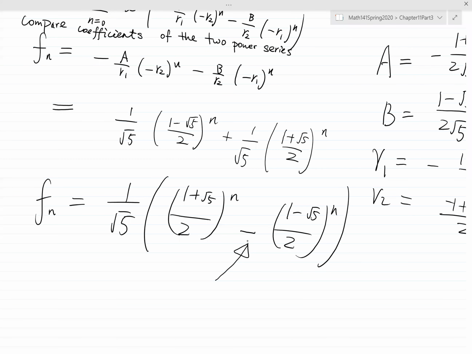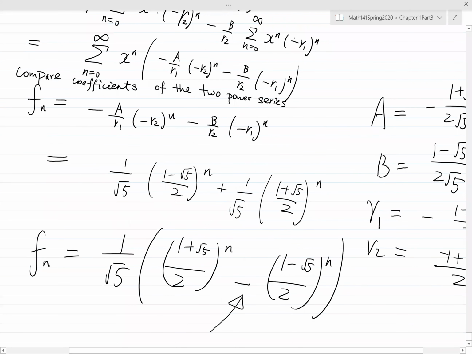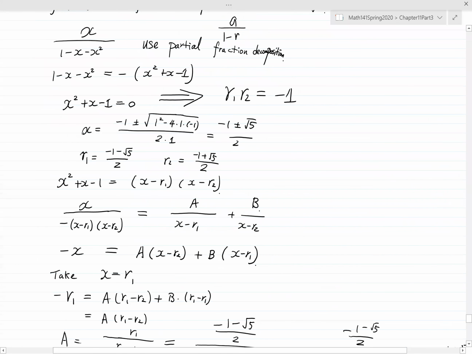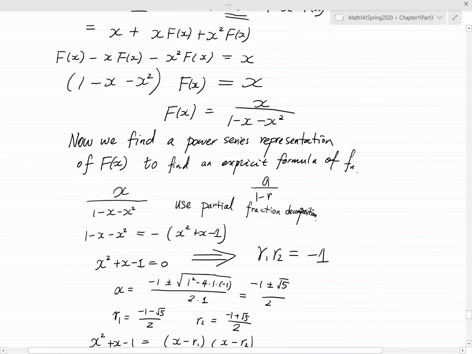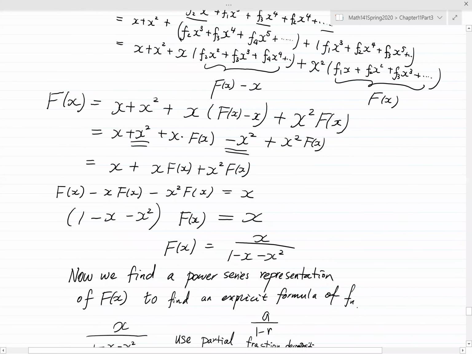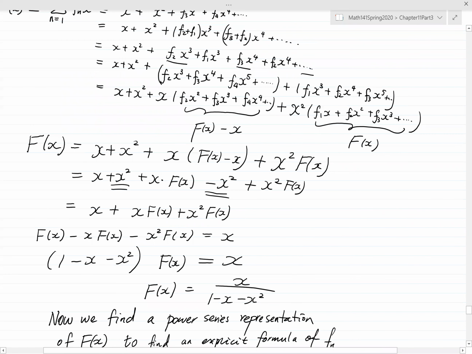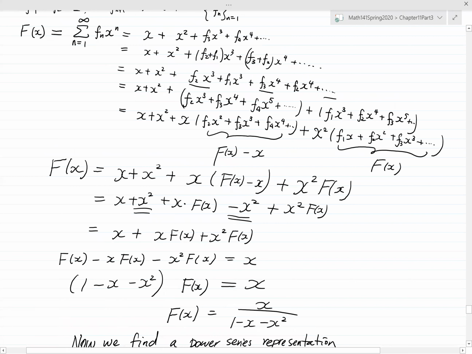Okay. So the general idea is to use the recursive relation. The recursive relation gives us some symmetry between the sequences. We include this symmetry in the generating function, and then we use this symmetry to find a closed expression of the generating function.